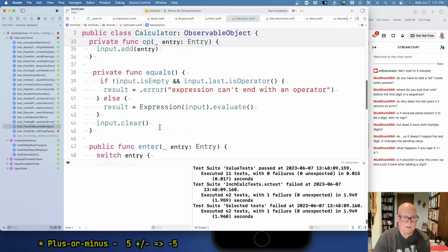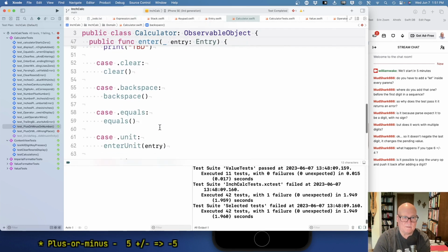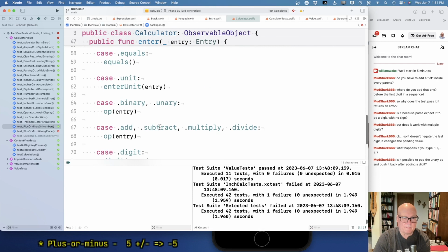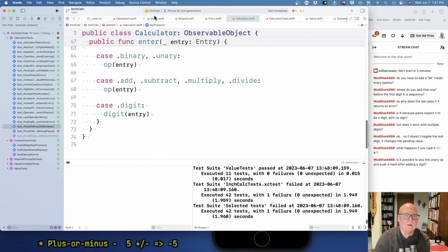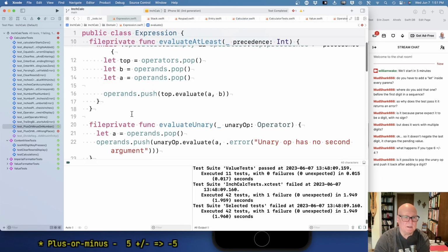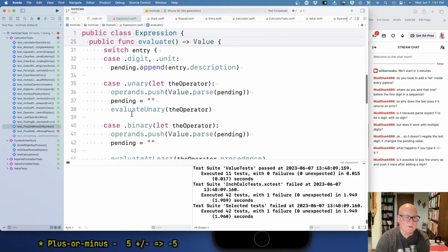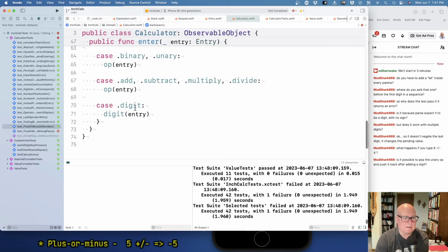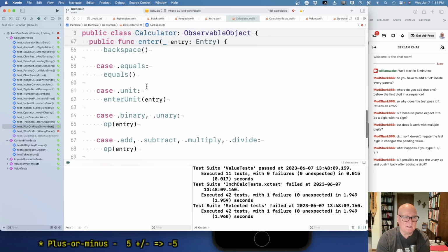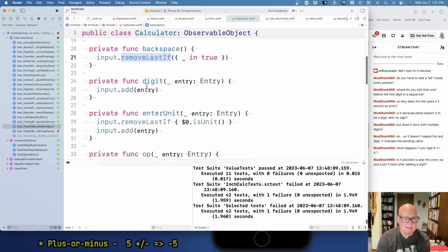All right, and then expression is operating on entries, right? So the number is already interpreted there, so it has to be done in calculator if it's going to happen. So digit entry, and I think that's just appending.